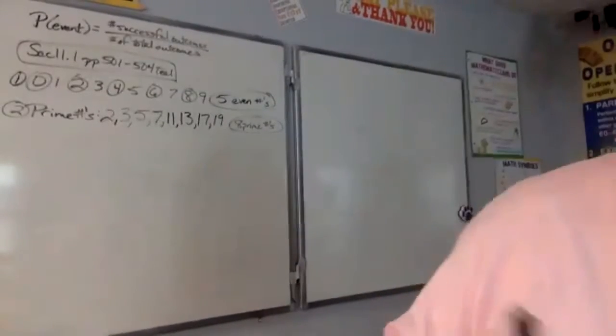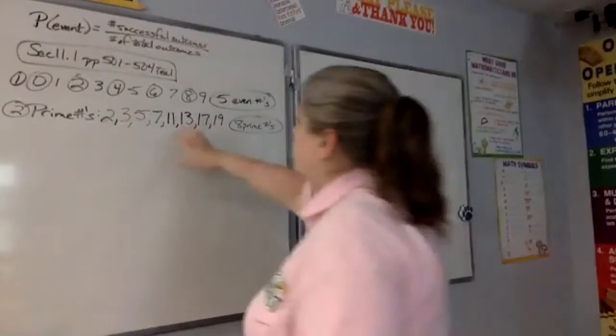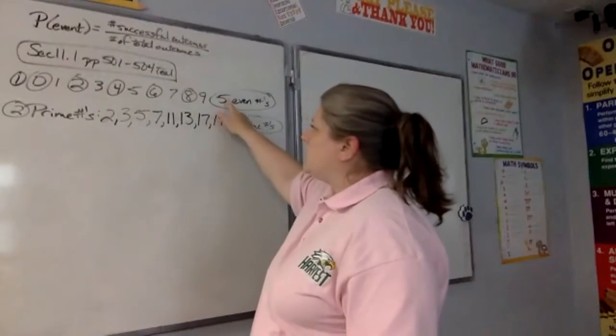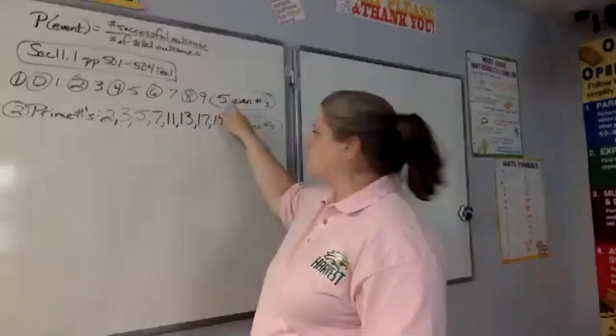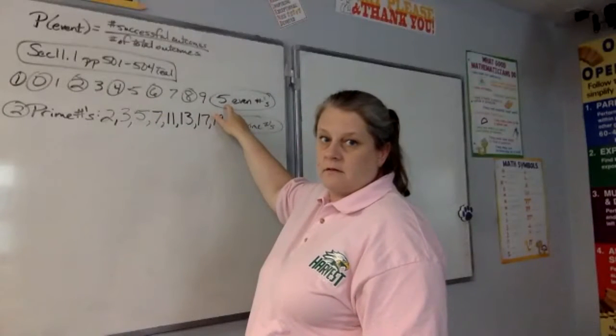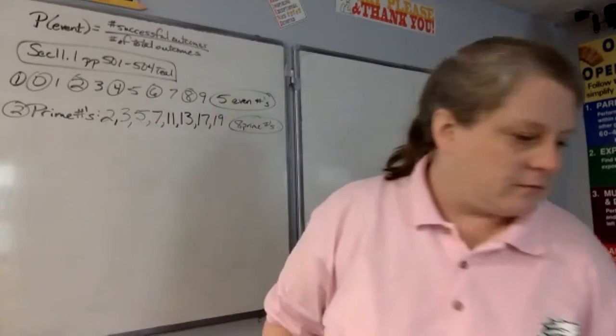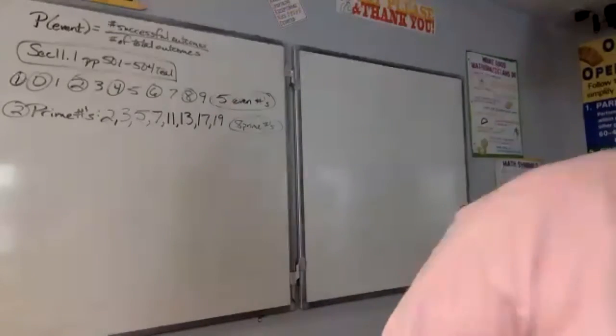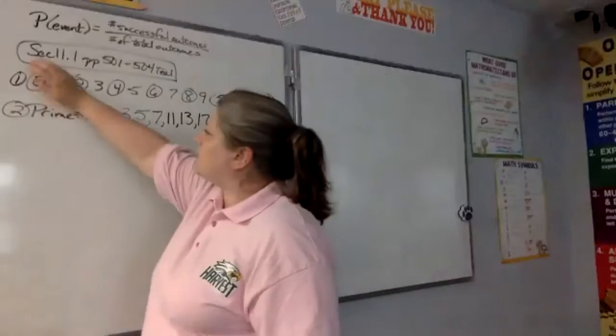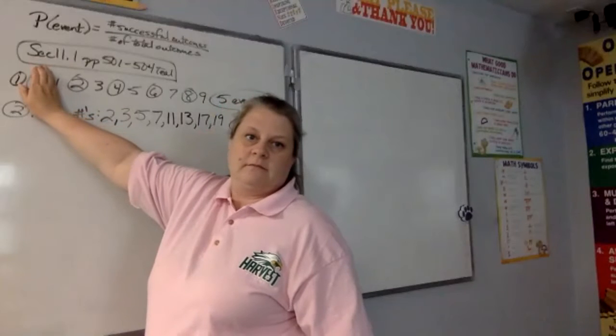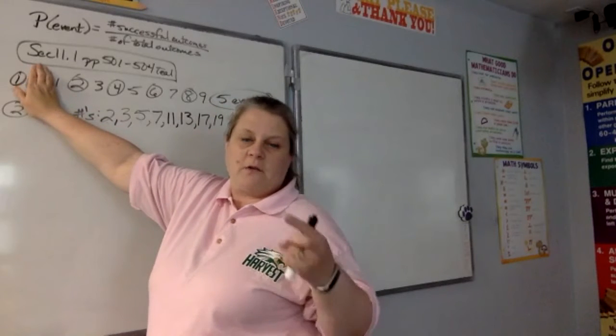If we think about what we did on number 1, how many even numbers do we have from 1 to 9? 4, right? 2, 4, 6, and 8.